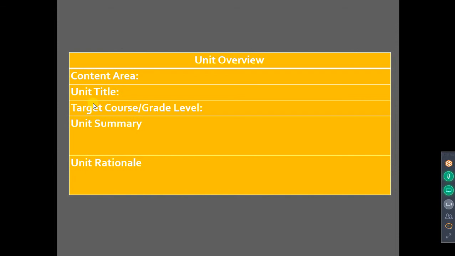The target course or grade level is really helpful for us to be reminded. I know in the message boards and in the discussions, we've heard it all semester, what levels you teach, but just be reminded, as we're looking at the lesson, what grade levels or what specific subject area this would be applied to.